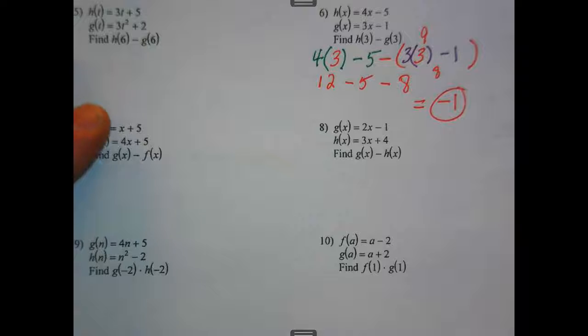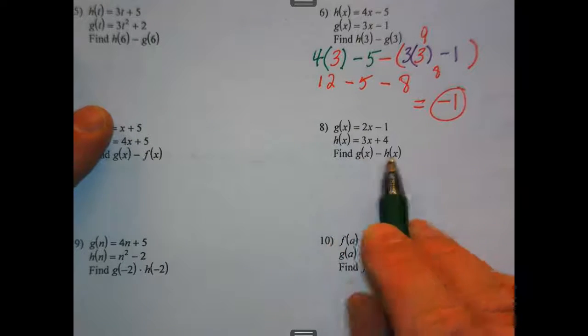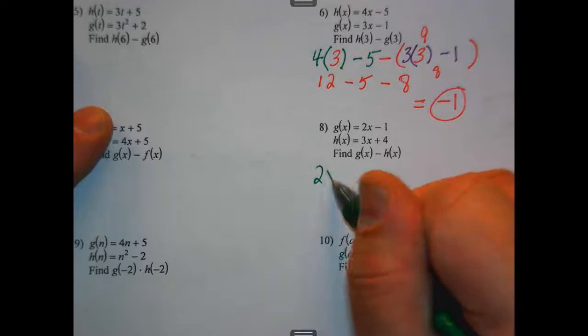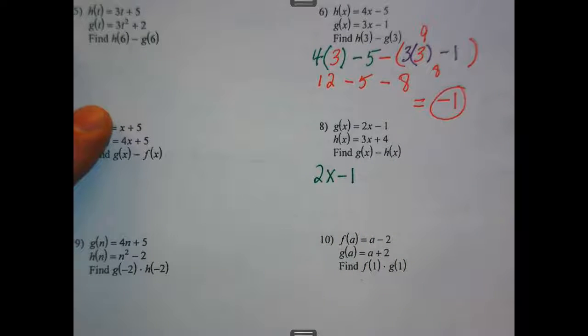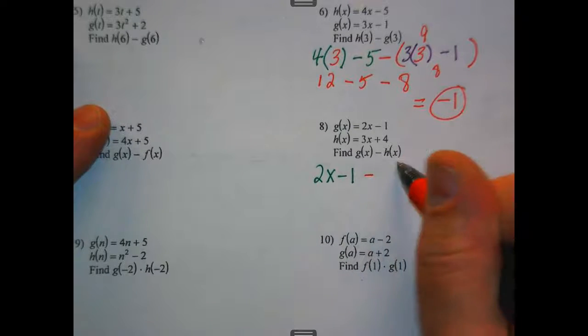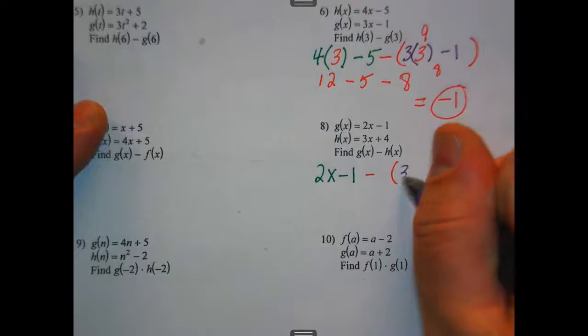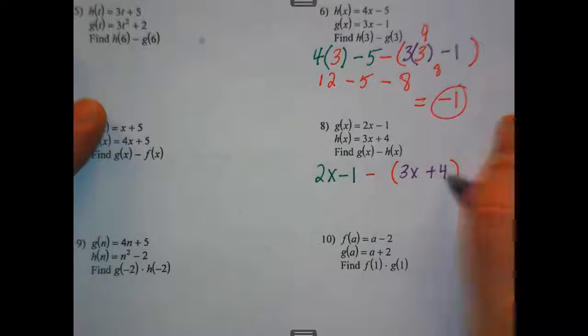Okay, G of x. We do not have values, so let's just subtract them. G of x is 2x minus 1. We're subtracting, so we need parentheses. And the h of x, 3x plus 4.